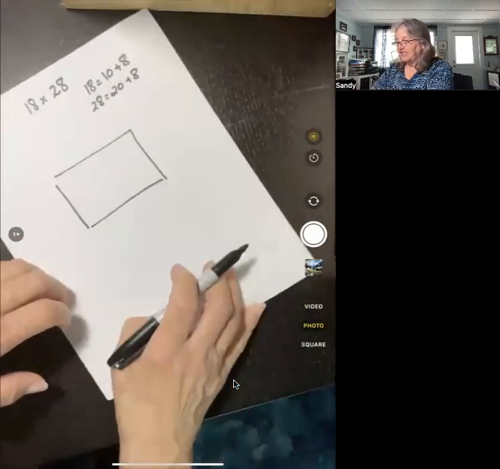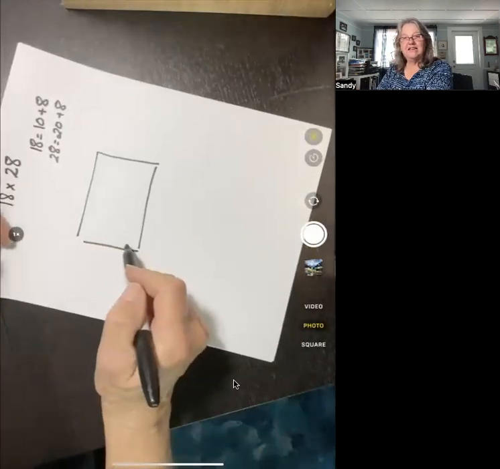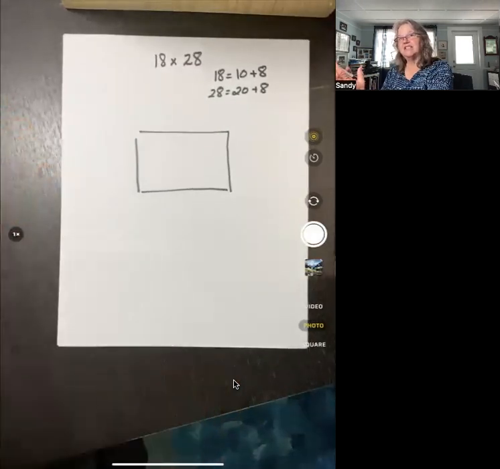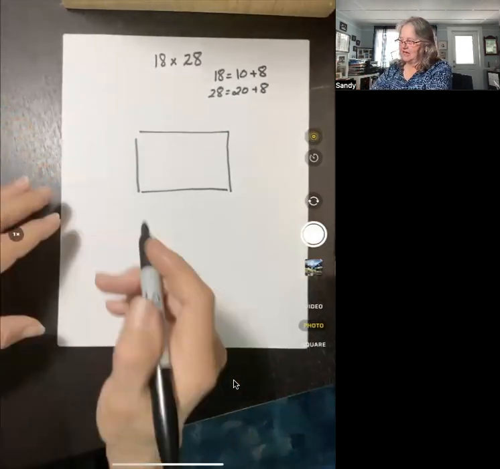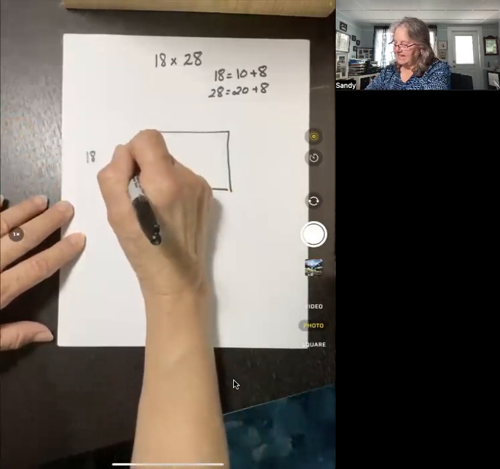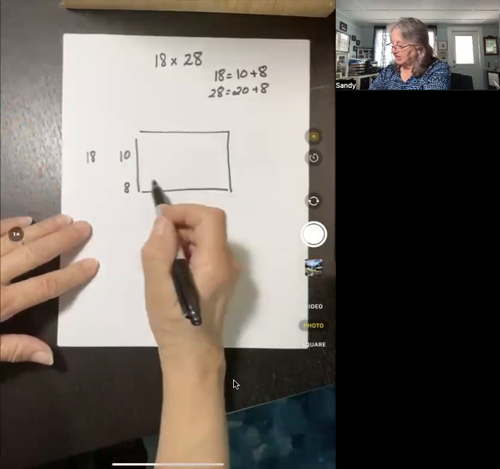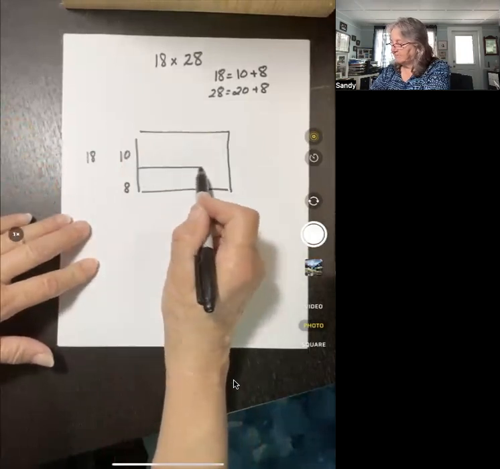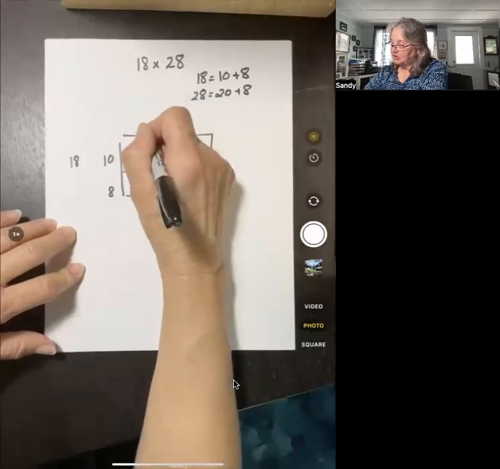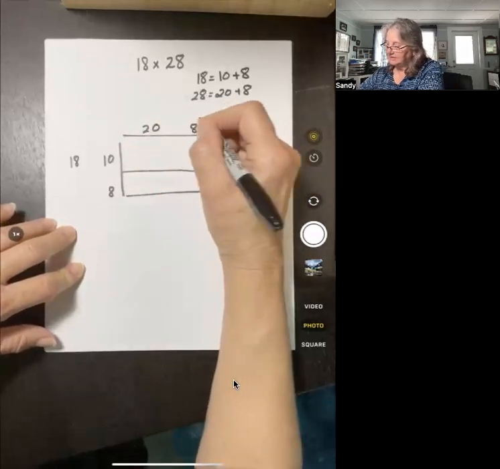I could turn this, and this would be my 28 by 18. And then it's still the same idea, right? A tall rectangle or a wide rectangle. But I'm going to think of 18 here as 10 and 8, and I'm just going to cut it across. I'm going to think of 28 as 20 and 8.